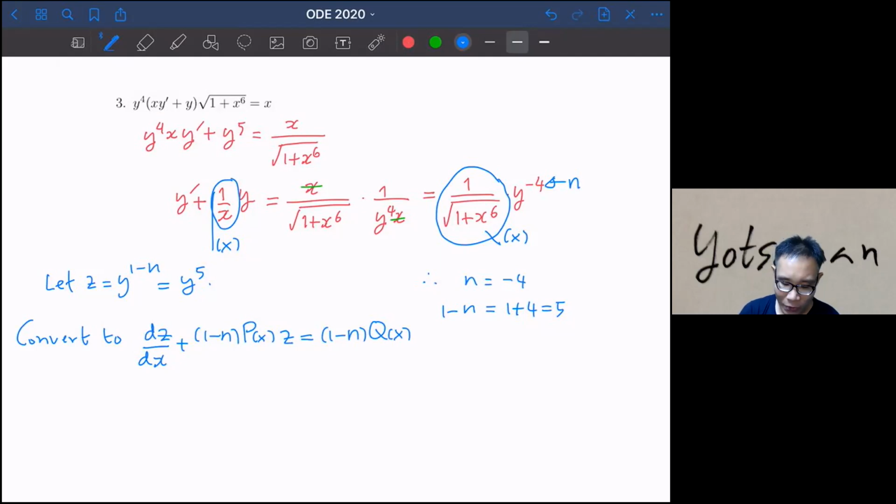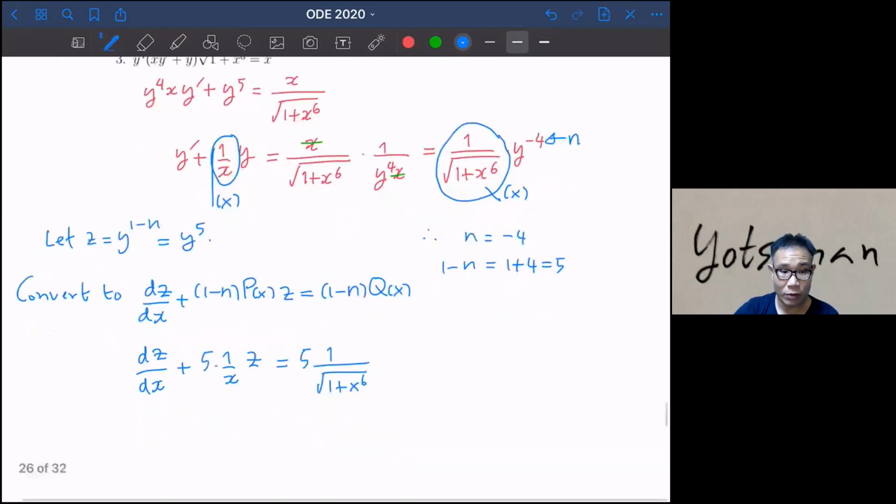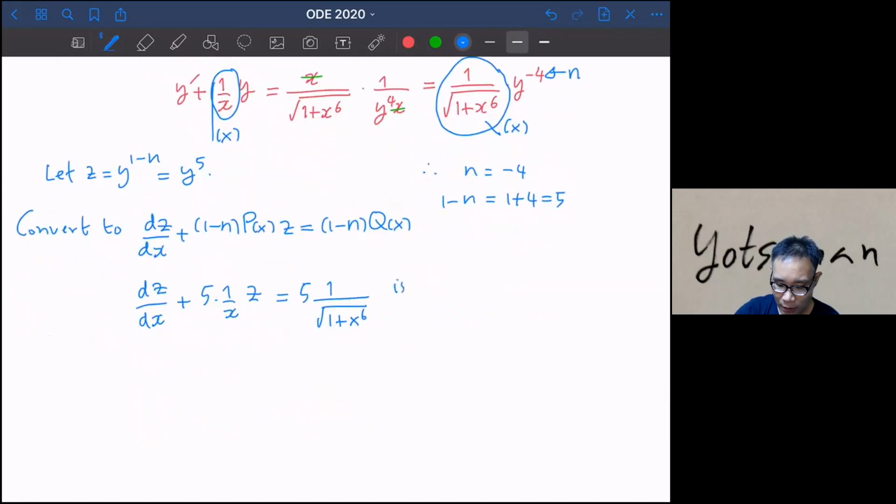So that's important. For this one, you have dz/dx plus 5 p(x) z equal to 5 q(x), where p(x) is 1 over x and q(x) is 1 over the square root of 1 plus x to the 6. So this one is going to be linear.